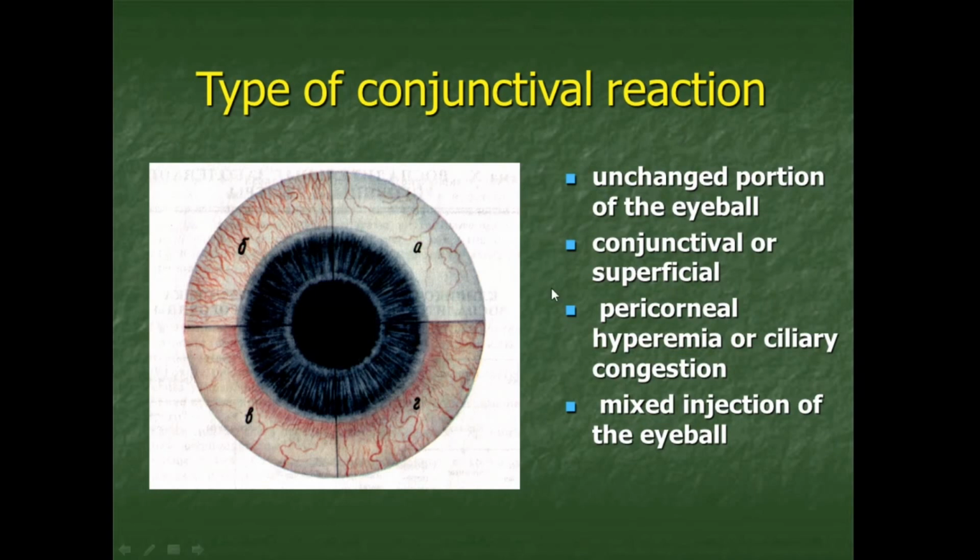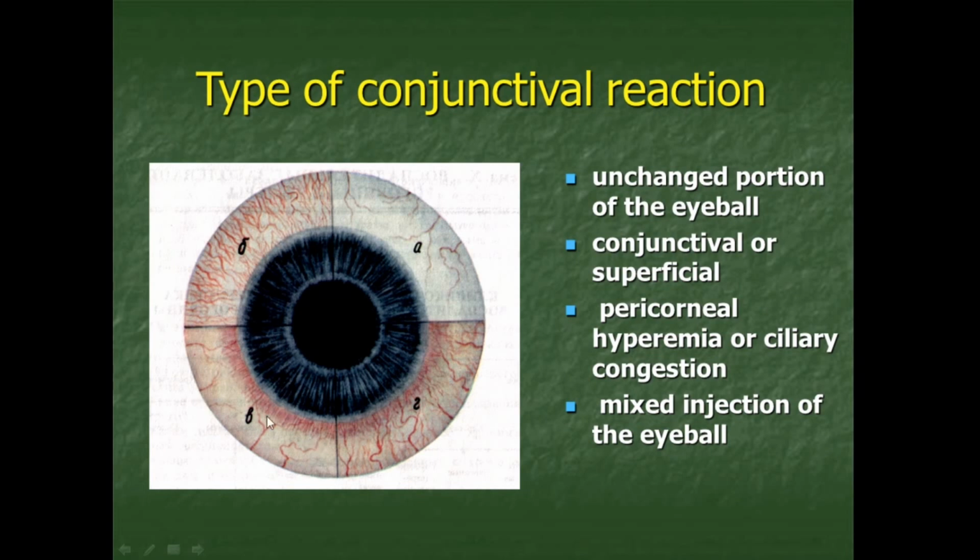When we talk about conjunctival reaction, you should remember this chart. On this picture, you see an unchanged portion of the eyeball. On this picture, you can see conjunctival or superficial redness of the eye.